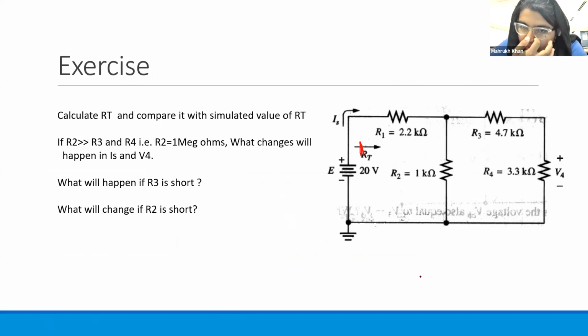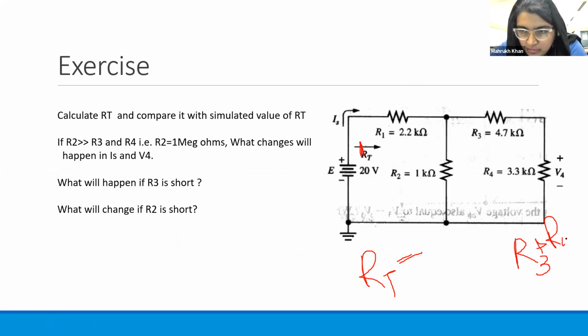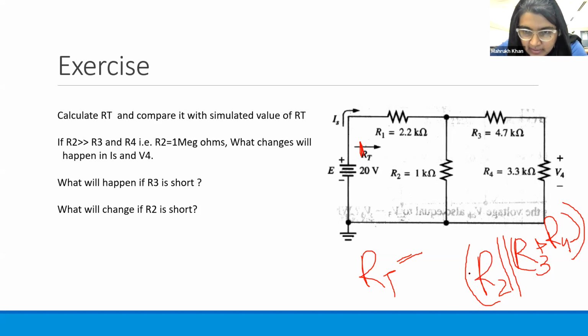So RT can be calculated as R3 plus R4, because they are in series, and they will be in parallel with R2, and this whole thing will be in series with R1. Got it? Is it fine?